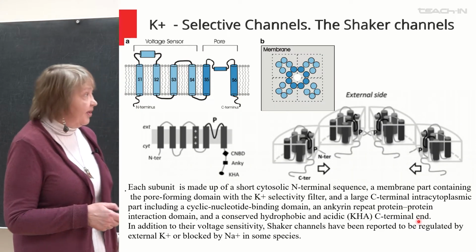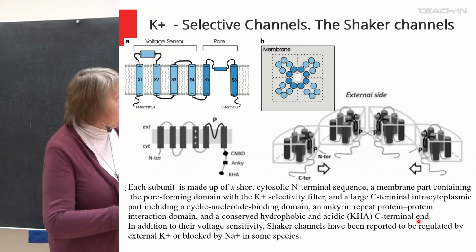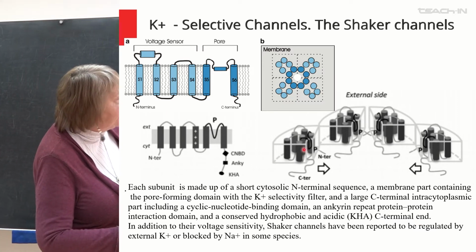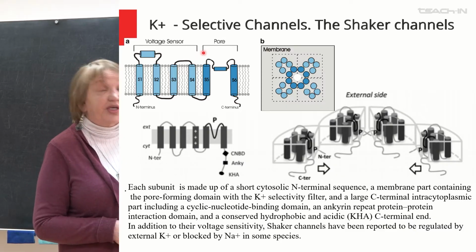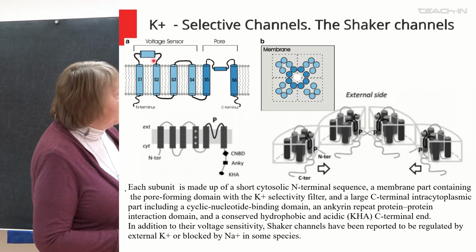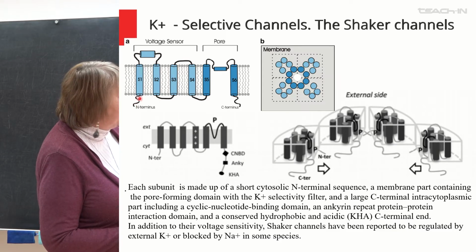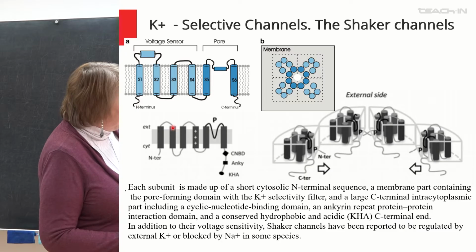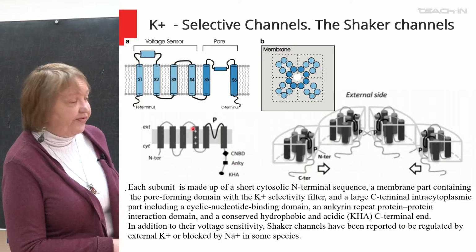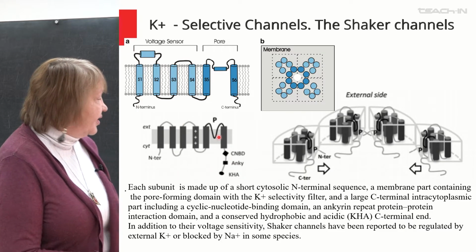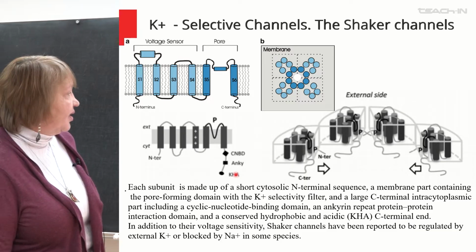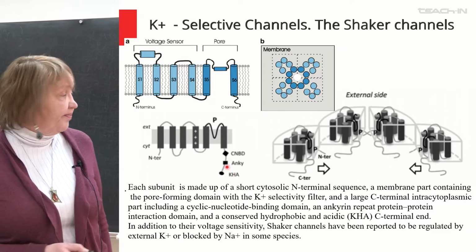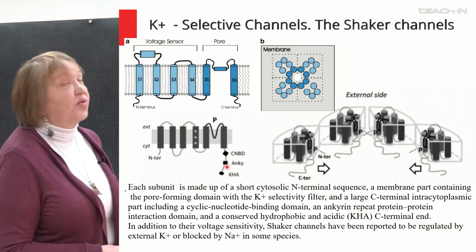So that's another representation, a figure showing the structure of the subunit of the shaker channel. There is a voltage sensor, N terminus, C terminus, and a pore. And on the C terminus we have a cyclic nucleotide binding domain, anchoring domain, and conserved hydrophobic domain.